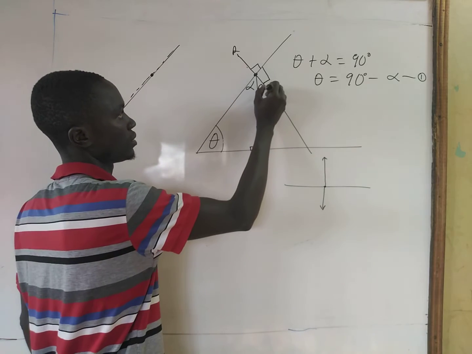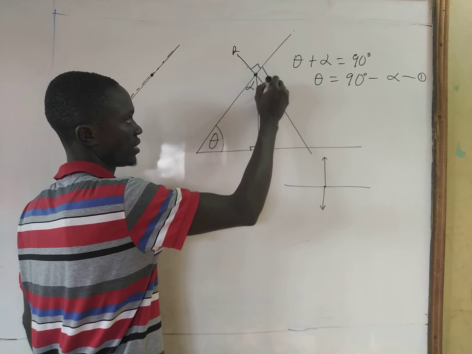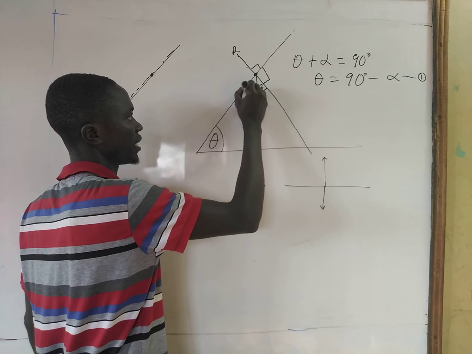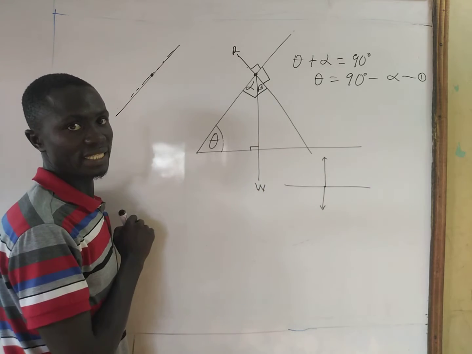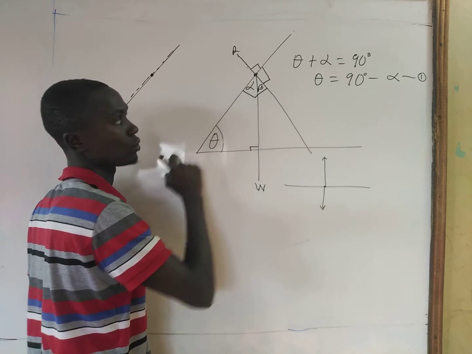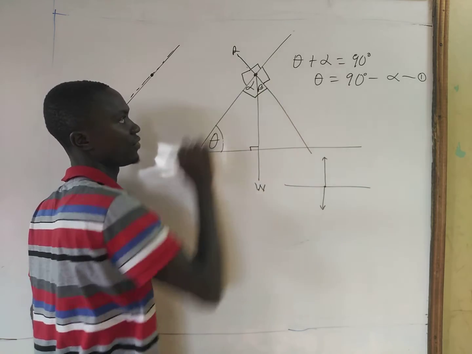Now, you see that this is the normal reaction line. So it implies that the angle here is also 90 because the normal reaction is perpendicular to the plane. And the angle here is also 90, making 90, 90, 90, 90, 360.